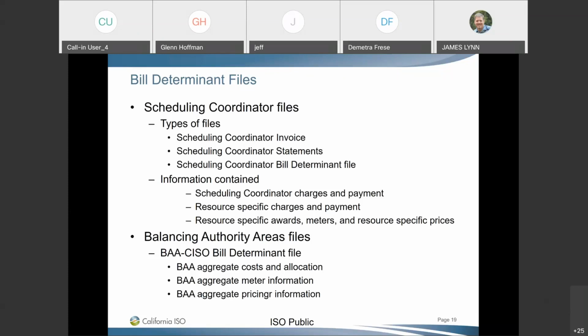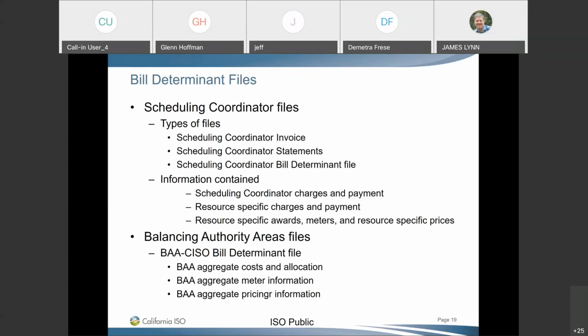Based upon our implementation discussions, that's how we've designed it for now: the EIM entity, in their invoice, in their scheduling coordinator statement, will be able to have a breakdown of each trade date and each trade period, because the invoice is by trade period, that is to your particular area. And then the participating scheduling coordinator will actually have the knowledge of what their participating resources will be associated to as well.